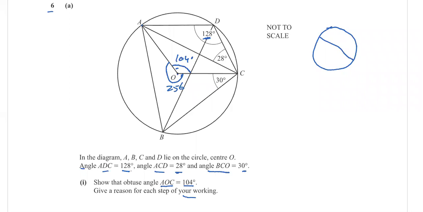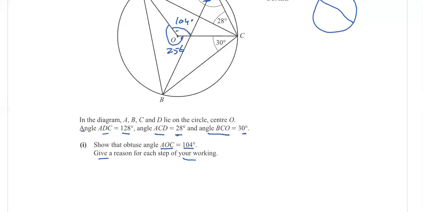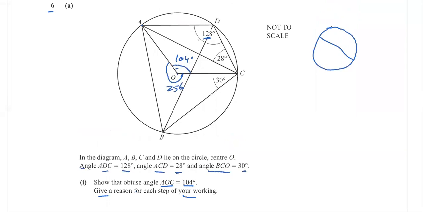Because we have to mention the reason for each step of our working, I can say in the reasons: this is 128, and this is 104.